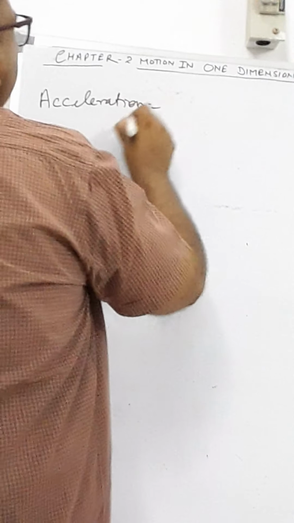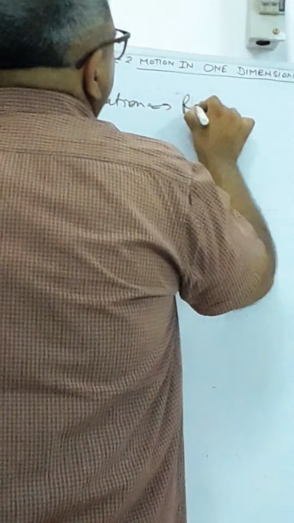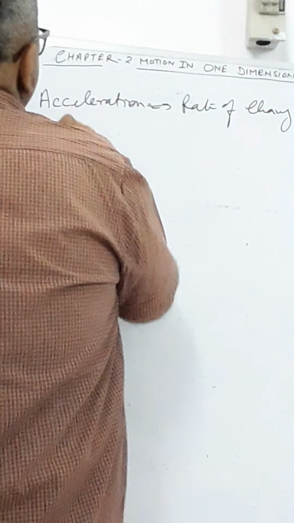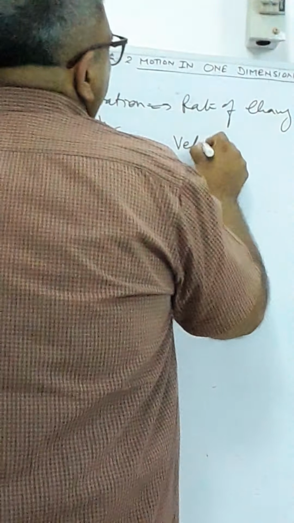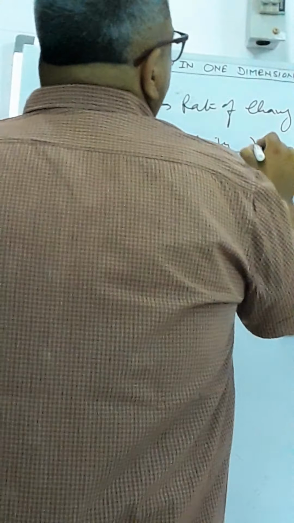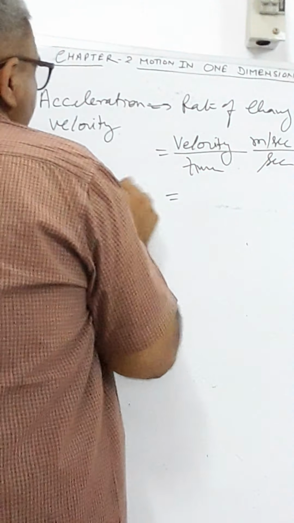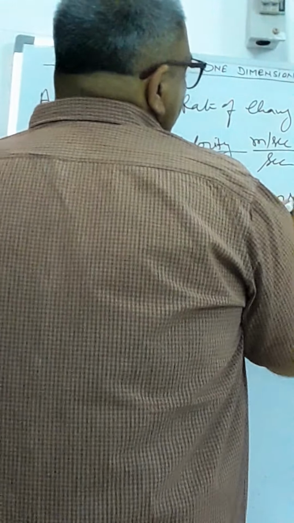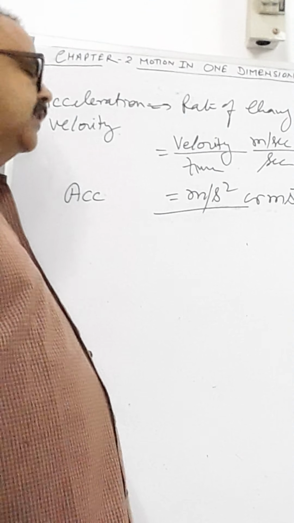Acceleration can be written as rate of change of velocity, or change of velocity upon time. The unit is meter per second over second. So the unit of acceleration is meter per second square, or meter second inverse two. So rate of change of velocity upon time, meter per second square.